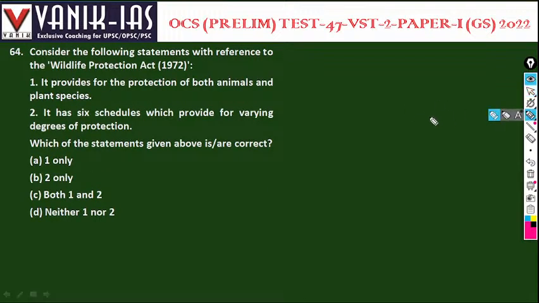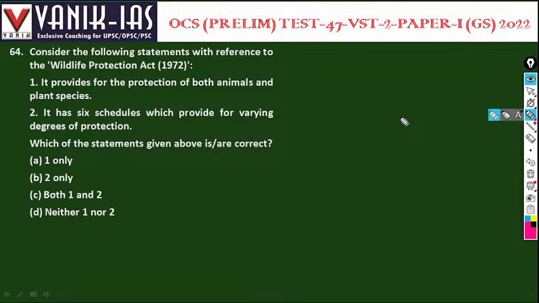Consider the following statements with reference to Wildlife Protection Act of 1972. It provides for protection of both animals and plant species. It has 6 schedules which provide for varying degrees of protection.